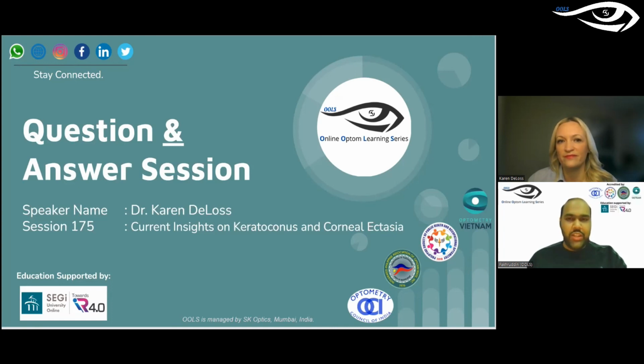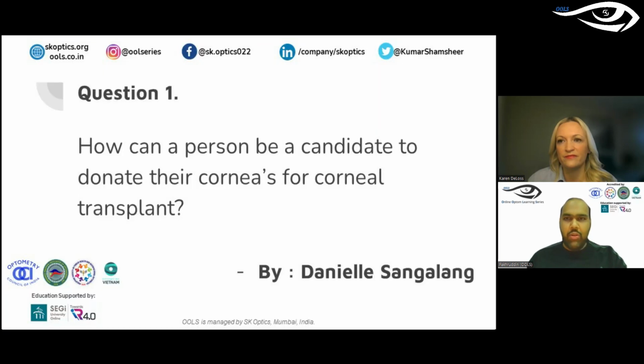There's one question which came up about corneal transplant and things like that. So I just wanted to ask you about corneal transplantation in terms of donating the cornea. So what do you think are the characteristics of people who can donate cornea?